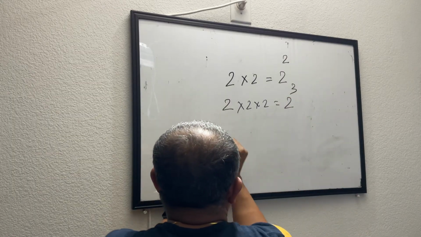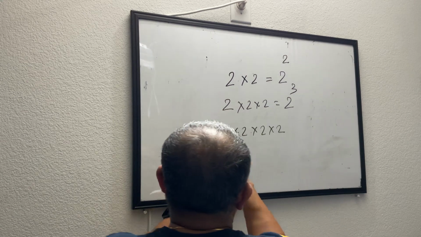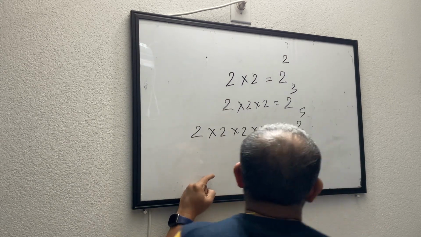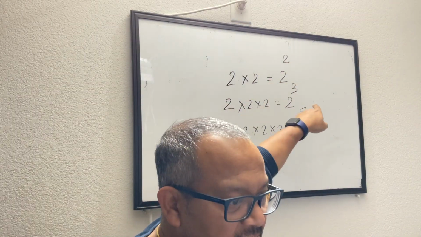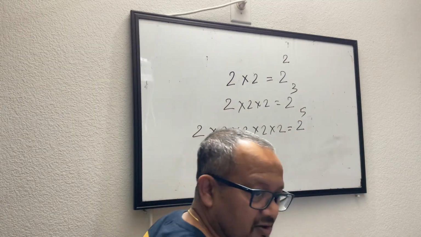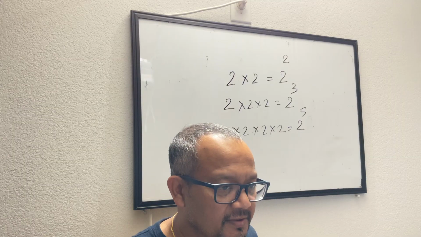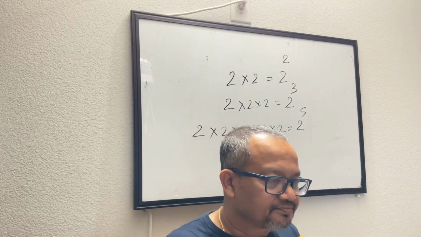If I have 2 into 2 into 2 into 2 into 2, I have 1, 2, 3, 4, 5 2's. I can write this as 2 to the power 5. So this form of representation is called the exponent form, where this is called the base and this is called the power. Okay? Does it make sense so far? Yeah?